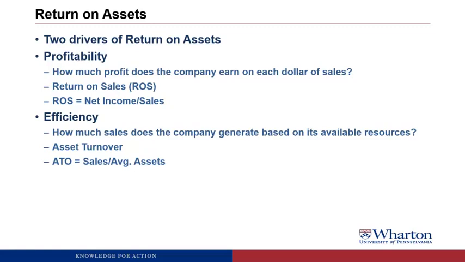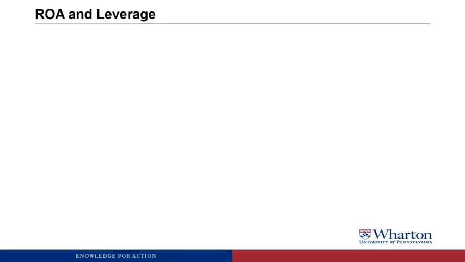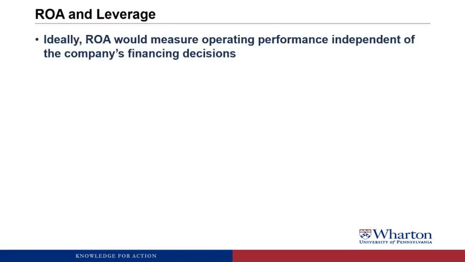Now I'm going to go through an example where we'll talk about these more in detail later, but first we have to do a little complication and go back to this problem of ROA and leverage that came up in the question earlier. Ideally, return on assets would measure operating performance independent of the company's financing decisions. So we want to pull out all of that leverage into the financial leverage ratio so that ROA only measures operating performance.